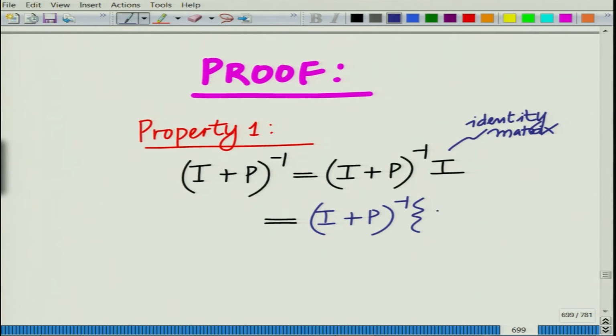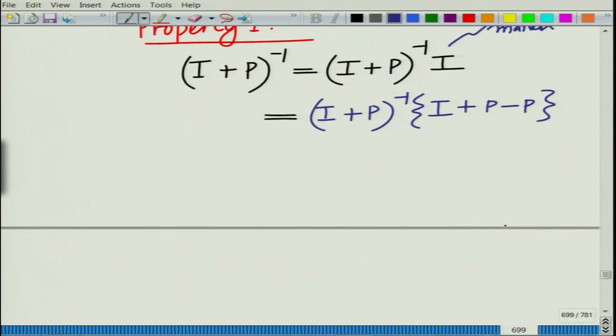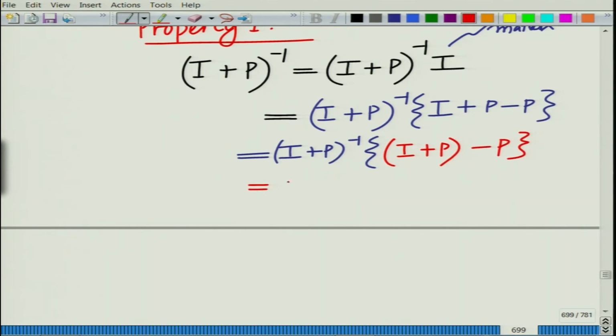Now I am going to add and subtract P. Combining these, I plus P inverse into I plus P minus P. Now, I plus P inverse into I plus P is identity, minus I plus P inverse into P.